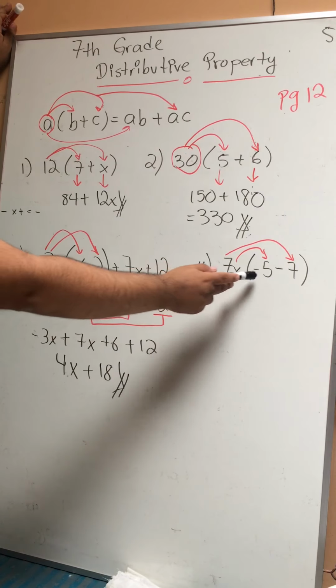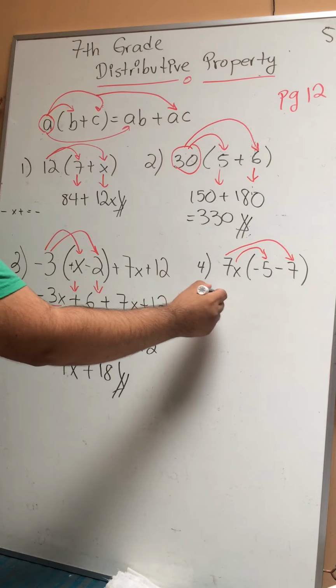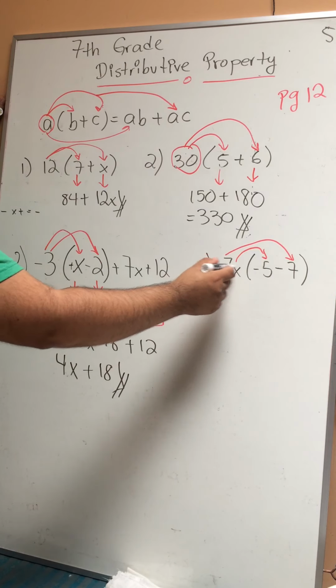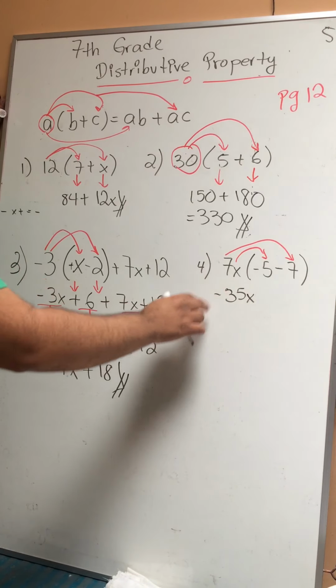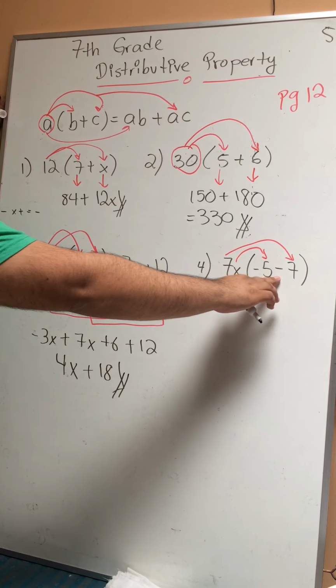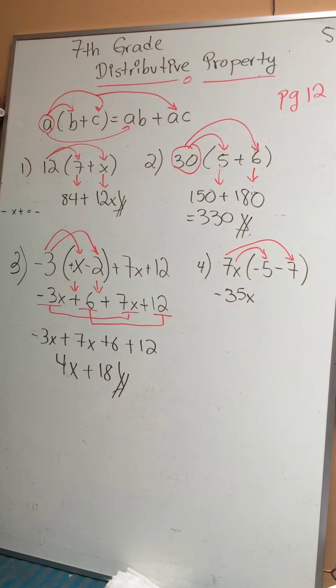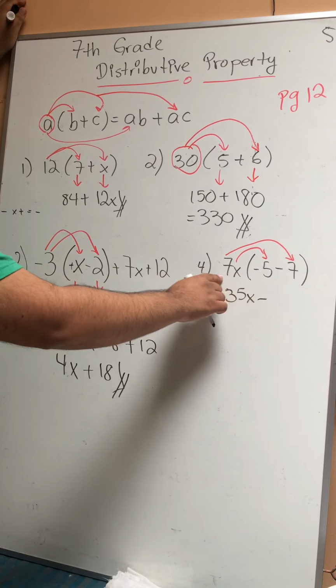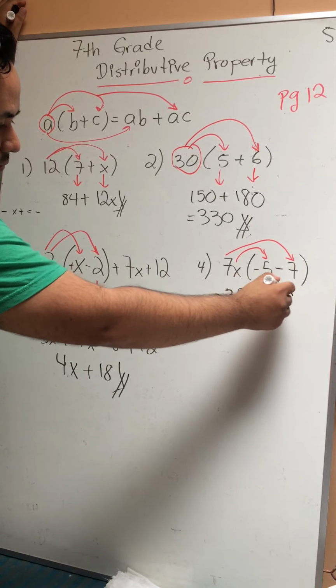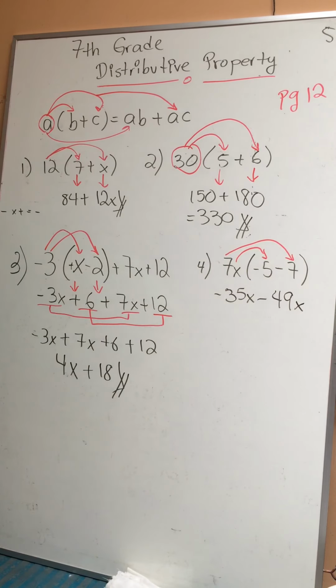Positive times negative, the answer is negative, and 7 times 5 is 35x. Now 7 times minus 7x, positive times negative is negative, 7 times 7 is 49x.